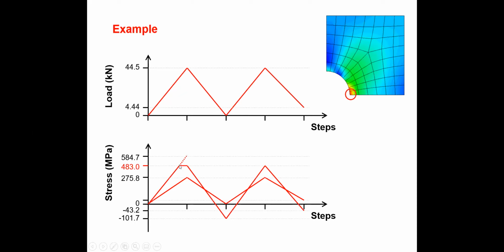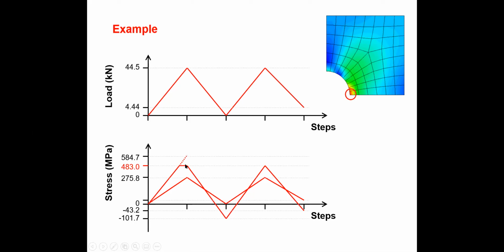If it goes to 483, it will yield. It will be permanently deformed. But this particular component can't be permanently deformed when only this place reaches the maximum stress. The whole cross section should reach the maximum stress, then it will move. So what happens?